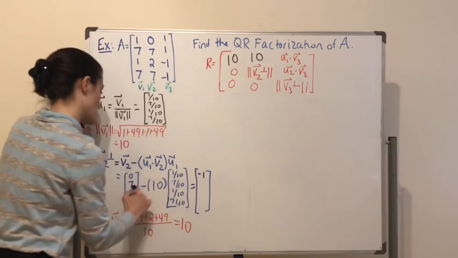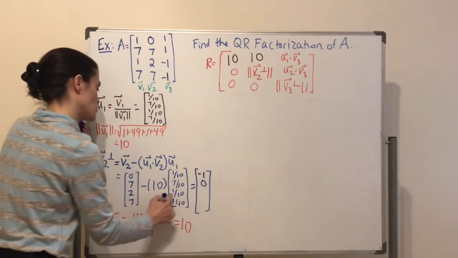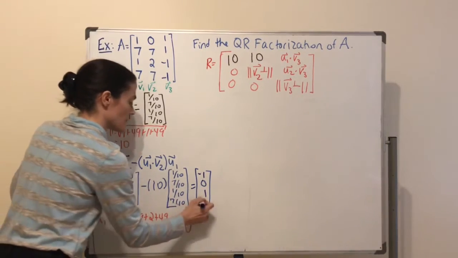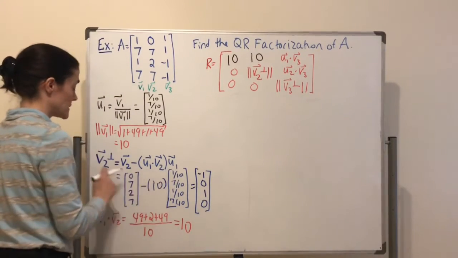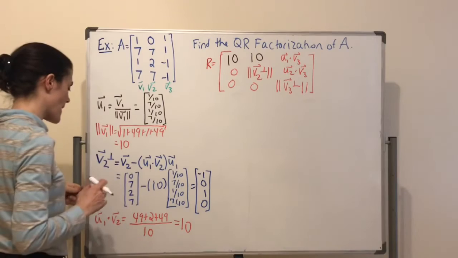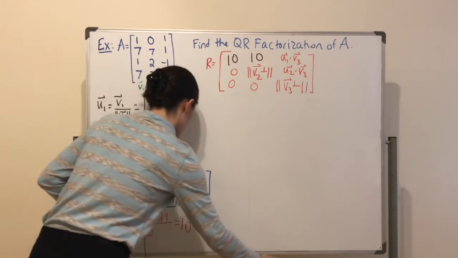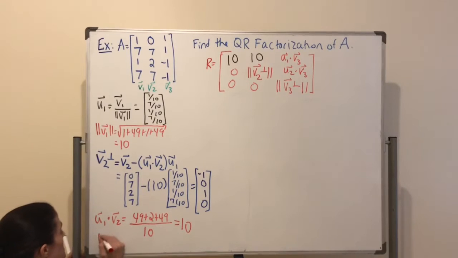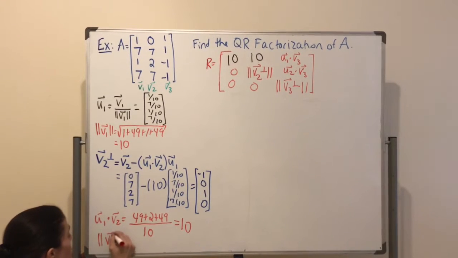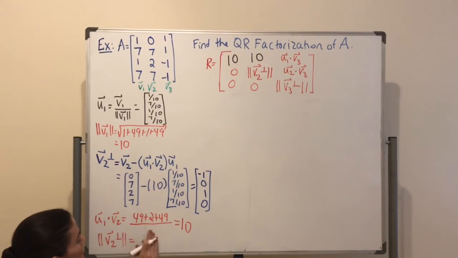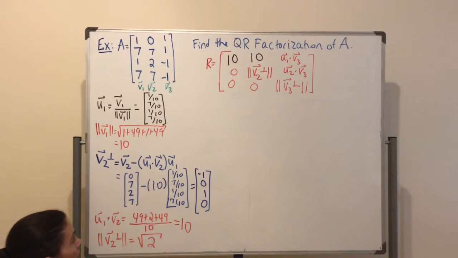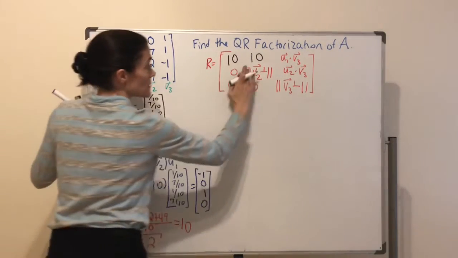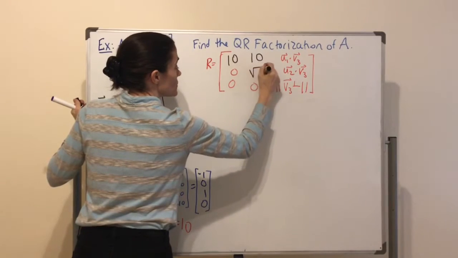And then I have minus 1, 7 minus 7, 0, 2 minus 1, 1, 7 minus 7, 0. This is this part, but it's not unit, right? In fact, maybe I'll also put this in red. The length of this component of V2 that is orthogonal to the line is just the square root of 2. So now I haven't even written down U2, but I have the next entry in my matrix. This is the square root of 2.